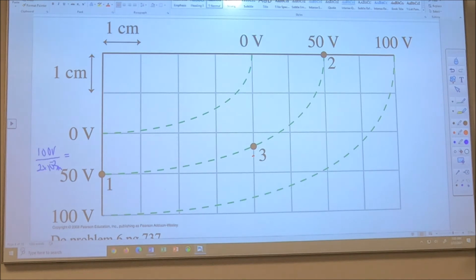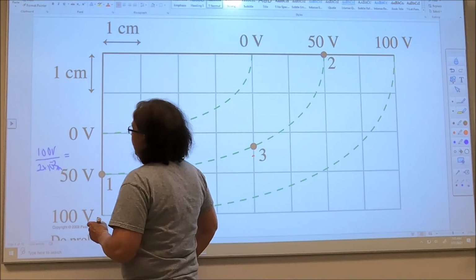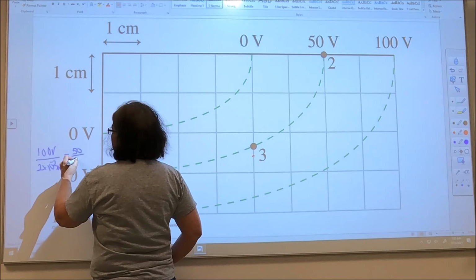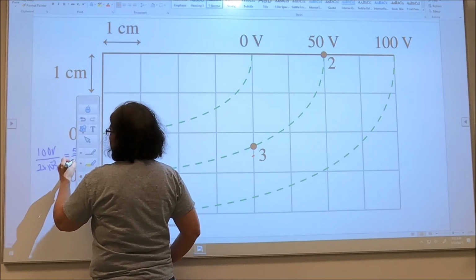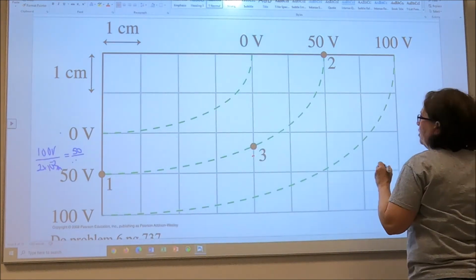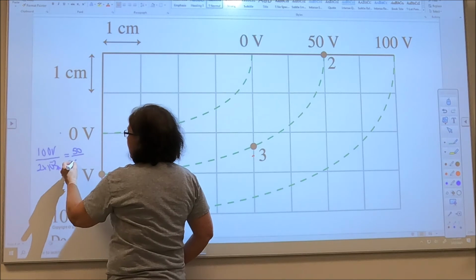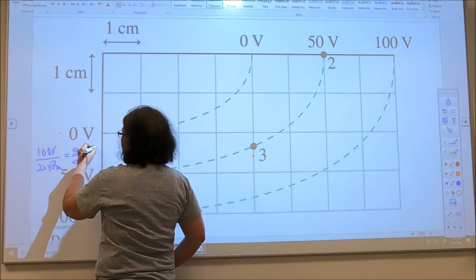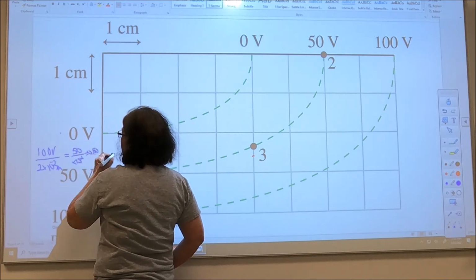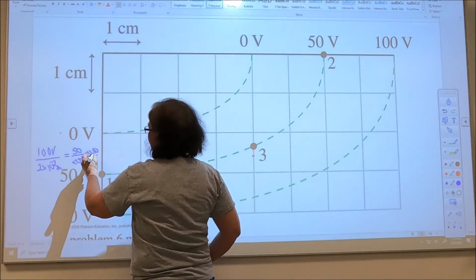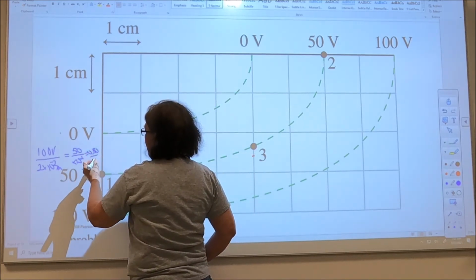Let me grab my calculator. 100 divided by 2, that's going to give me 50. 50 over 10 to the minus 2. So it's 0.50 as my electric field strength at that point.